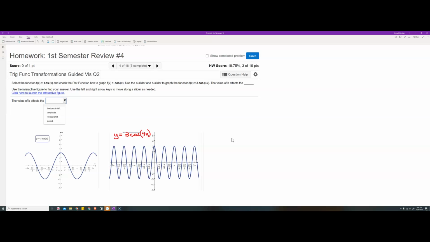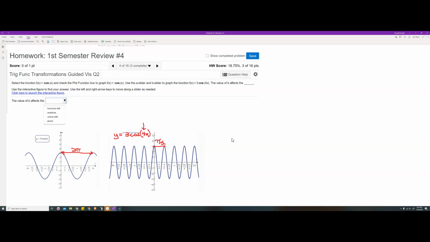So this has a period from hilltop to hilltop. That length is 2 pi. That's the normal period for cosine. But when you look at this one now, its period is pi over 2. So it got horizontally squeezed. The 4 tells you the frequency.